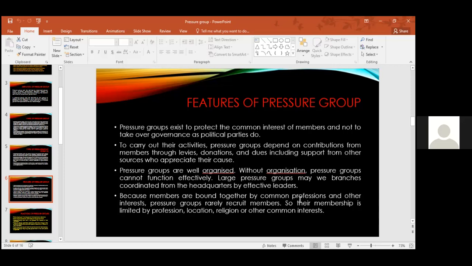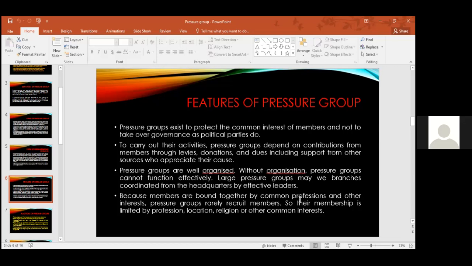For example, the NMA, the Nigerian Medical Association, only brings in people that are medical practitioners. You can't see an accountant in the NMA, definitely not. Also, in ICAN, the Institute of Chartered Accountants of Nigeria, you cannot see a doctor. So a pressure group is based on a particular factor.